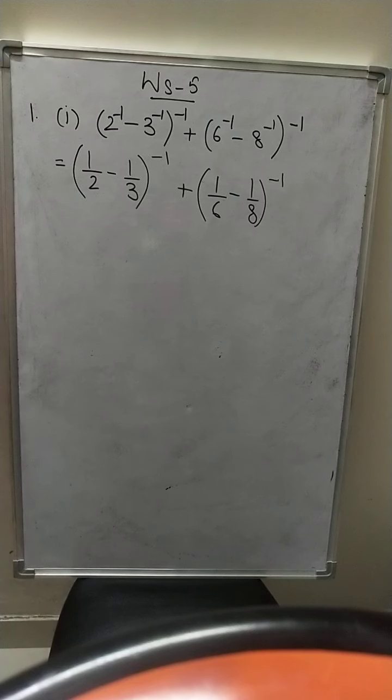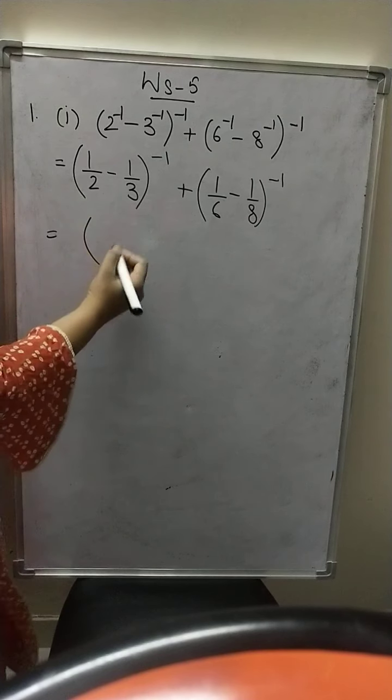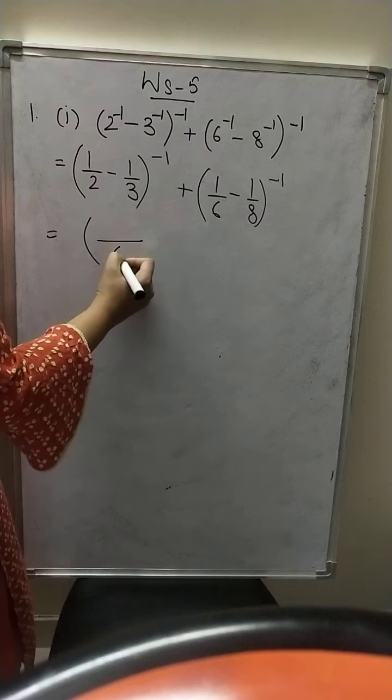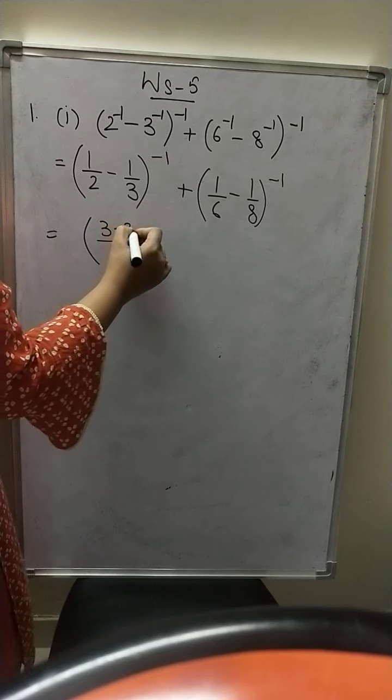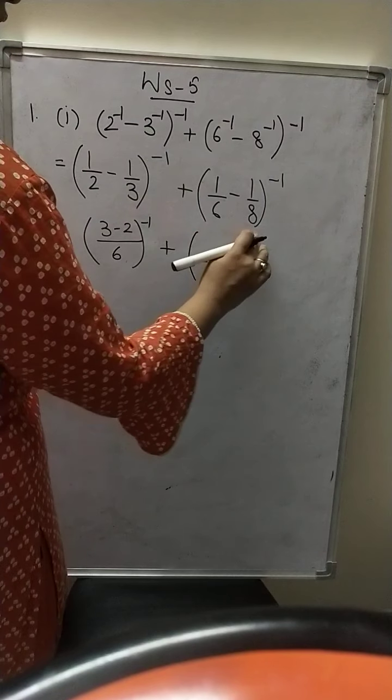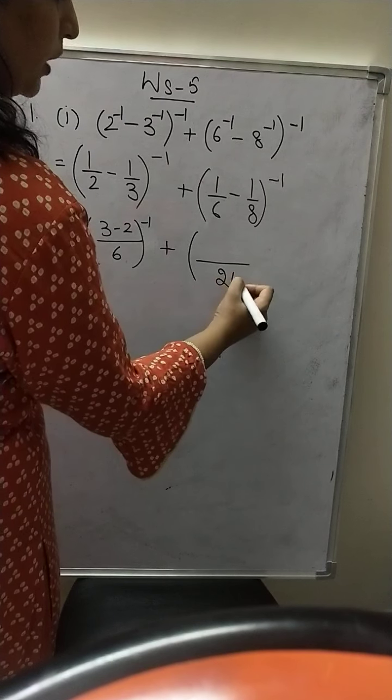Now what we have to do exactly is solve. So by taking LCM, I will be solving whatever is written inside the brackets. If I see it carefully, the LCM of 2 and 3 comes out to be 6. So this is 3 minus 2 raised to the power of minus 1. Plus here again 6 and 8, the LCM comes out to be 24.